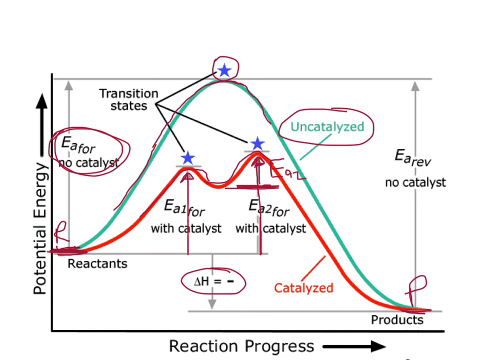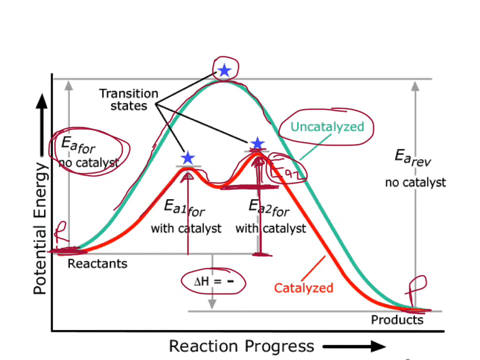What was labeled EA2 is the overall activation energy for the catalyzed reaction. The difference from the reactants to the top of the highest hill is the overall activation energy in the multi-step process. But step 2's activation energy would have begun here at the intermediates and to the top of that hill. That's more properly called EA for step 2.